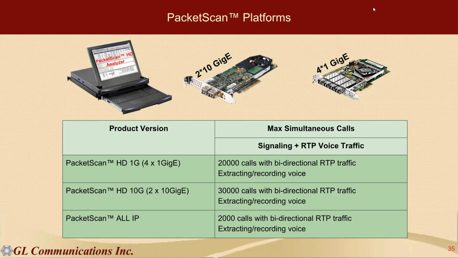And when we dedicate a card, that's when we can get into super high volumes. I'm not going to get into it too deeply, but just know that if you have a very high volume interface, we have dedicated cards that can handle that and capture.